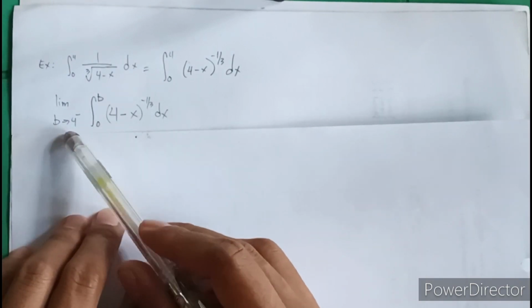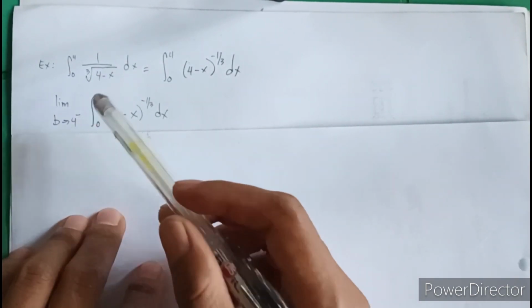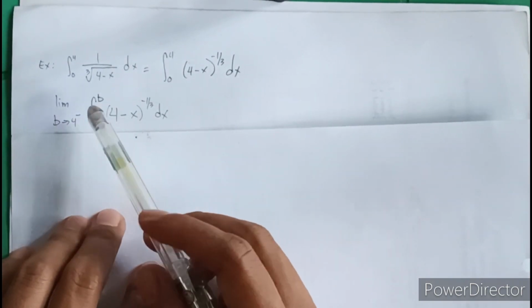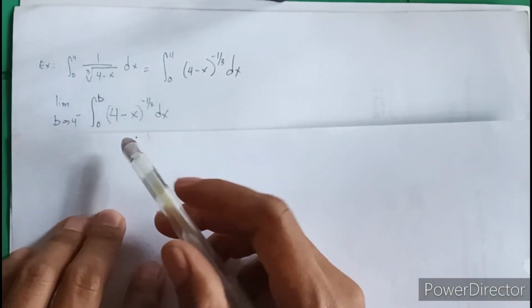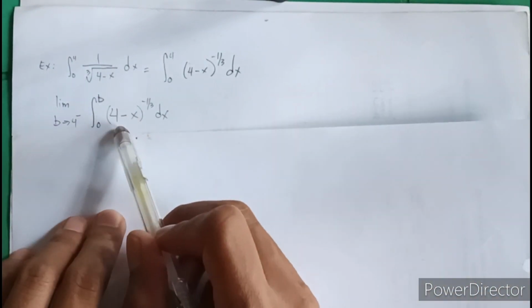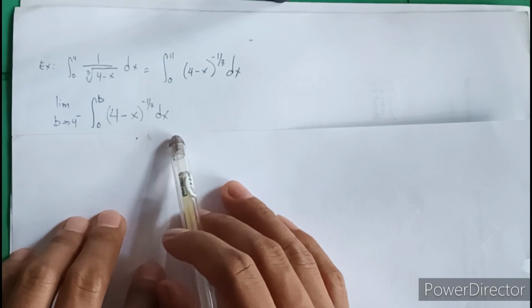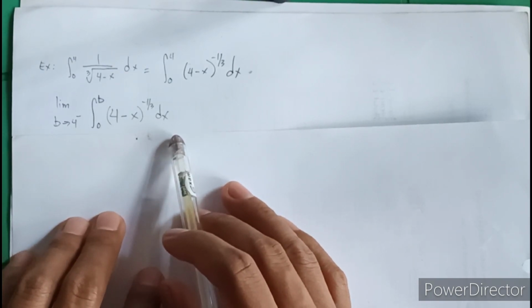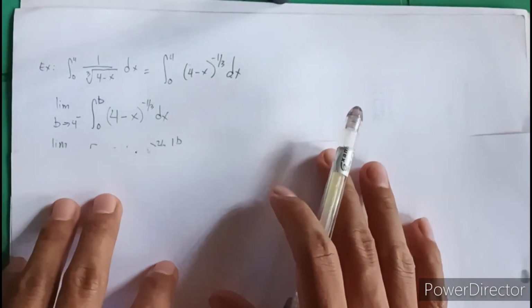Since we are evaluating at 4, we can use b as the representation. Then we write the function (4 minus x) raised to negative 1 third dx.